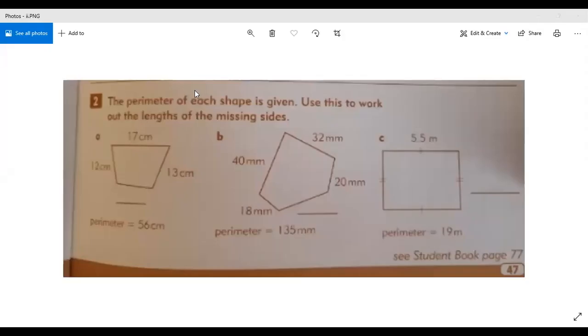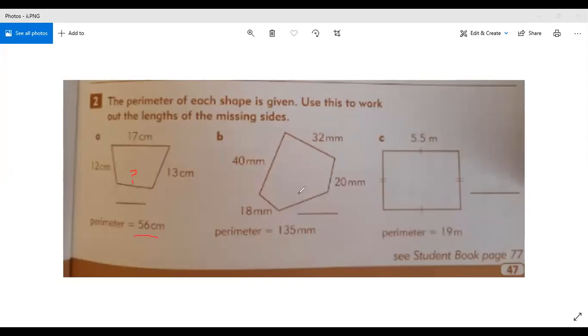Okay. The next thing that I'm going to explain to you, in your workbook, page 47. I want you to find the missing side also, but the perimeter is already given.